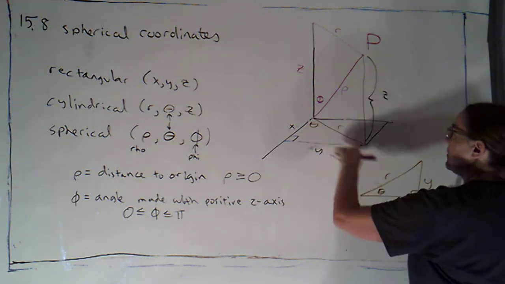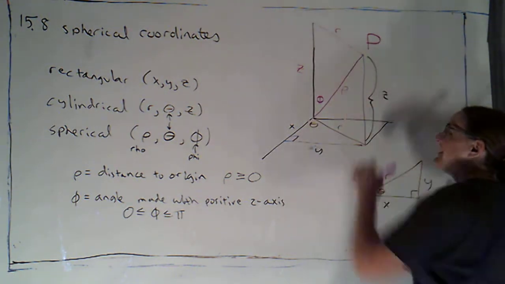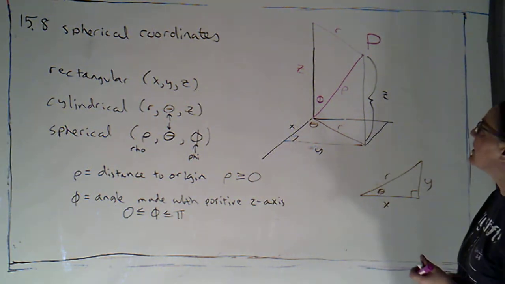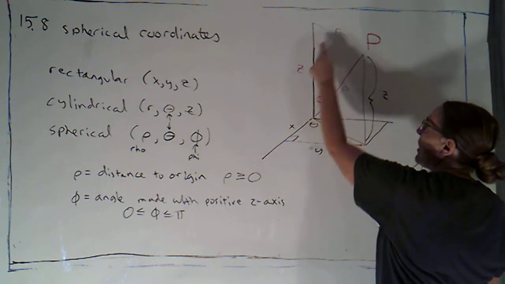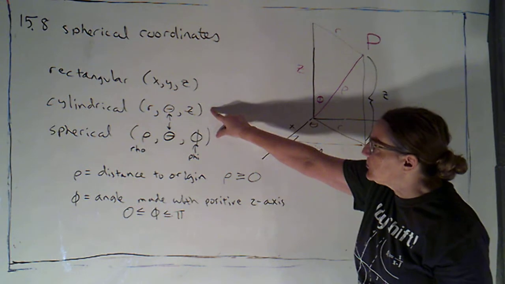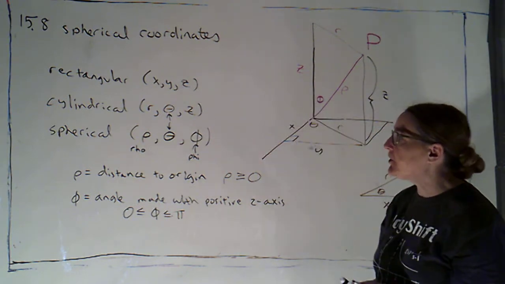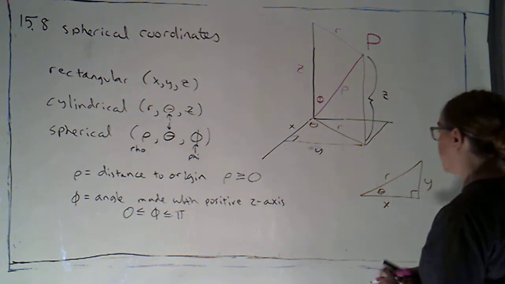This is just r, z, r, z. There's a parallelogram that I have right there. So now I've got this nifty triangle right here that has r and z and rho and phi in it. So that's going to be really useful in helping me to convert between cylindrical and spherical coordinates.